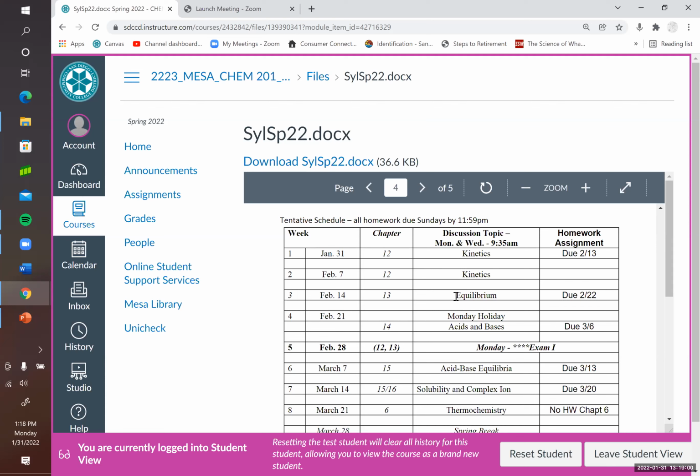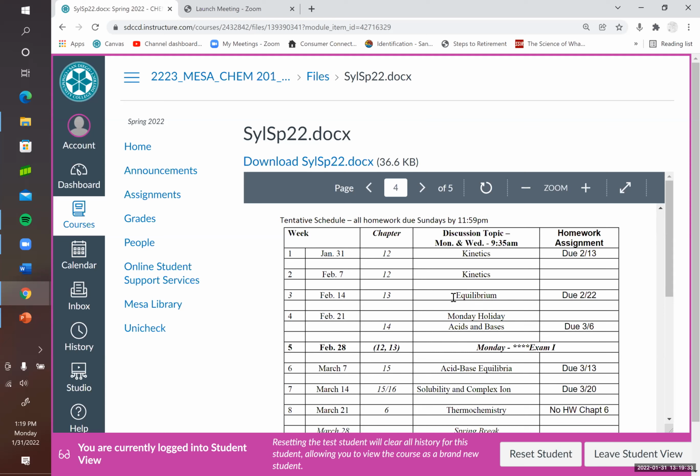And then for equilibrium, it's only going to take us 2 discussion meetings, and those meetings are going to be in person, because we're going to meet in person in our class at 12:45. So I have to change that. Remember, that's wrong. And I believe it's MS 411 or 414 is our lecture hall.